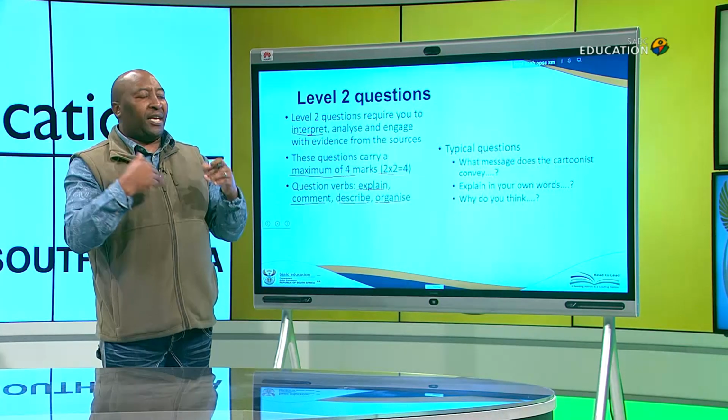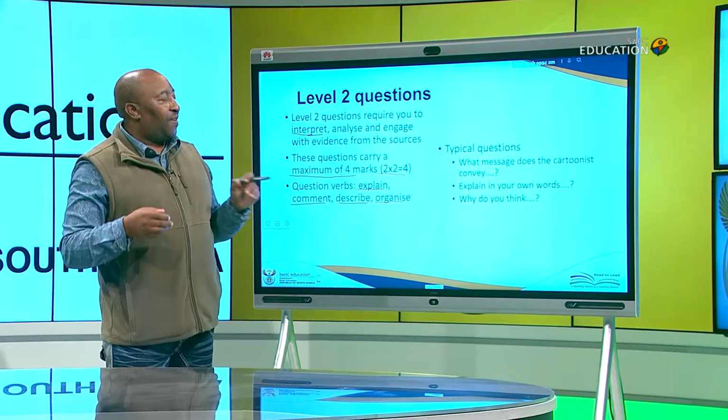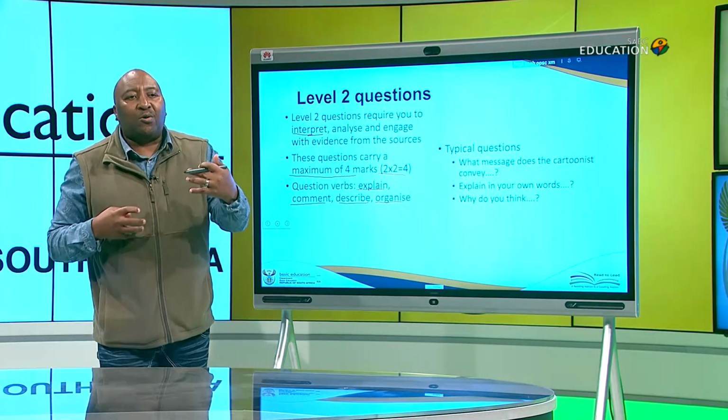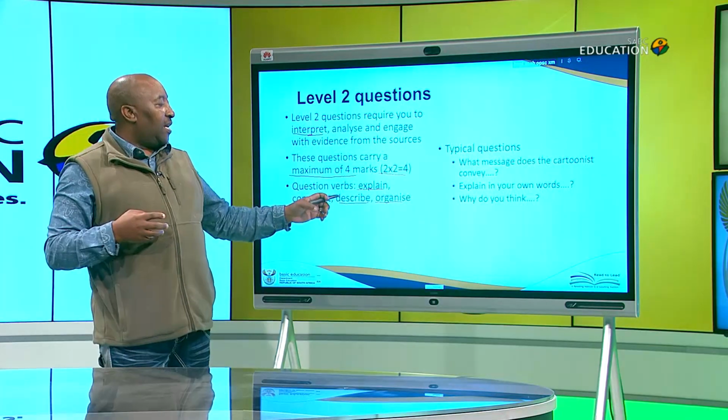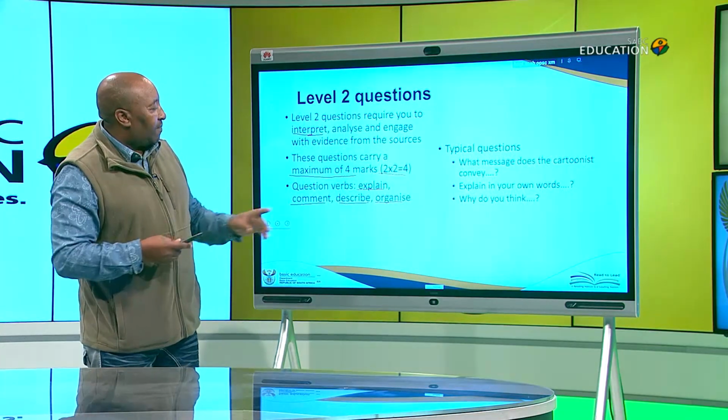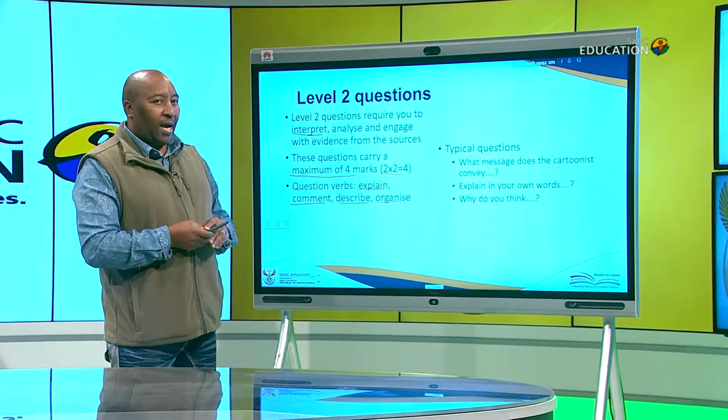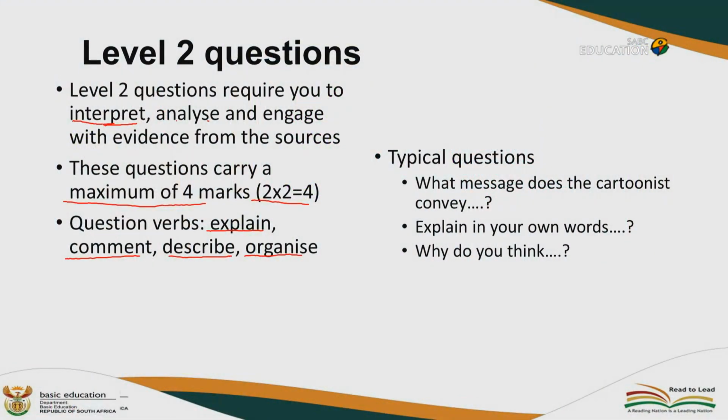You look for evidence that will assist you to interpret information from the source using the question verbs that have been given to you. Explain in your own words, or a question might say, what do you think about the philosophy of Black consciousness? You need to interpret information.